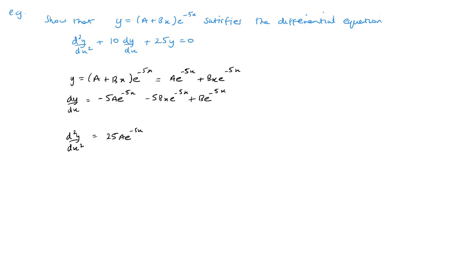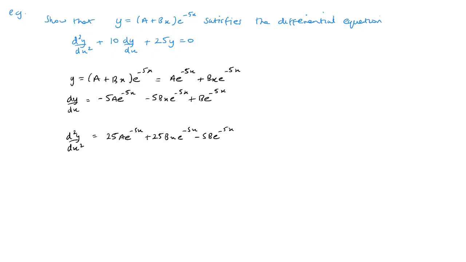So plus 25bx e to the minus 5x. And then it's going to be this differentiated, which is minus 5b times this. So minus 5b e to the minus 5x.